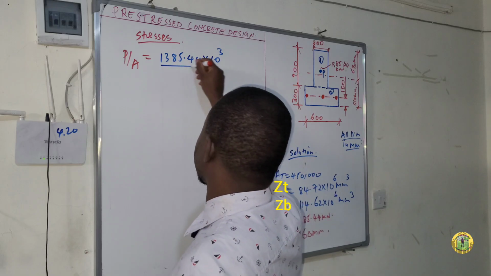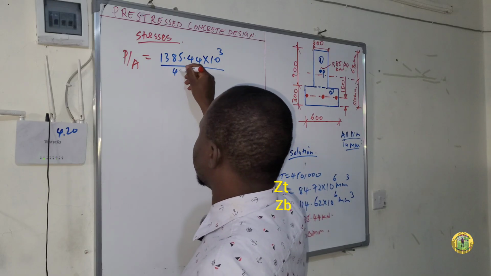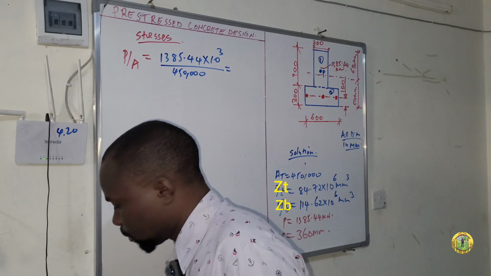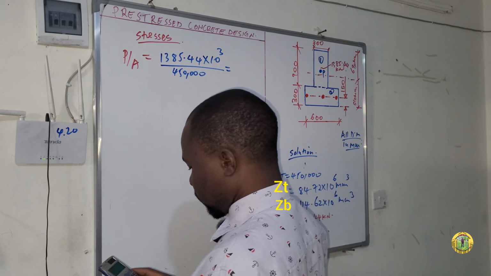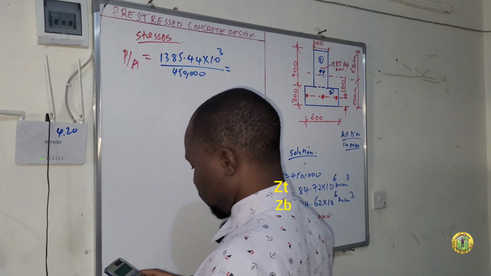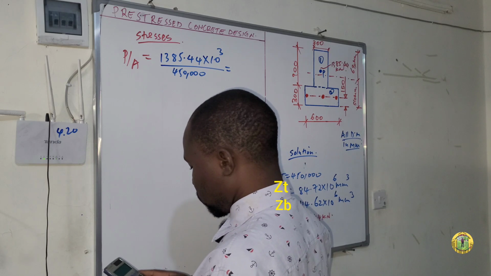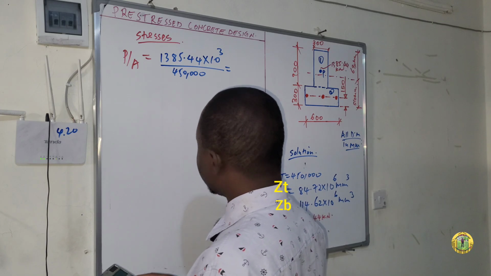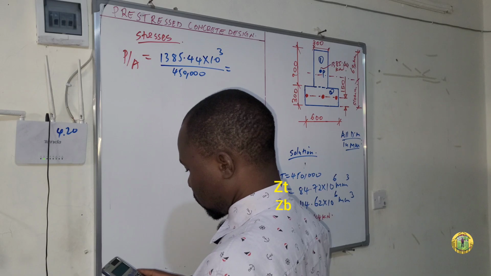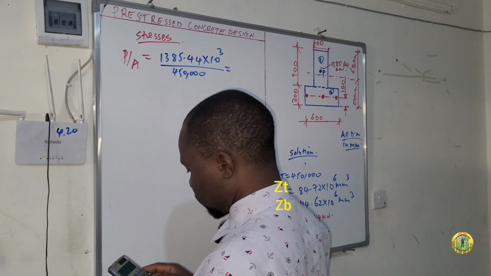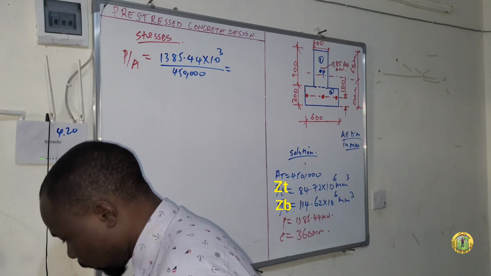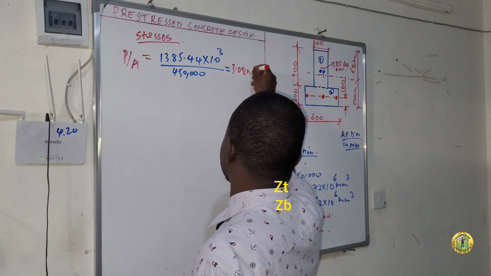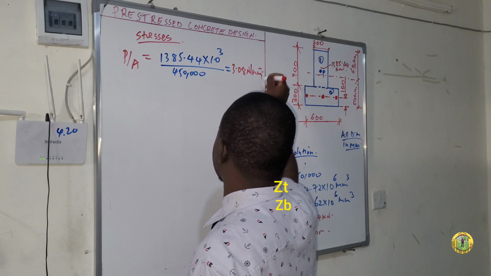Then divided by the total area, which is 450,000. So this is 1385.44 times 10 to the power of 3 divided by 450,000. So the answer is 3.08 Newton per millimeter square.